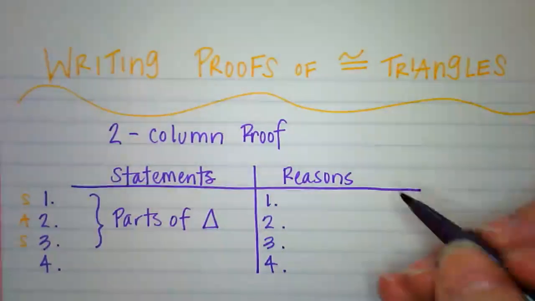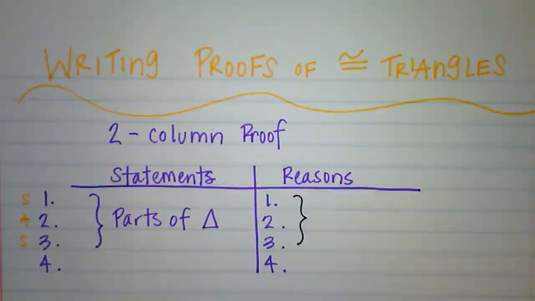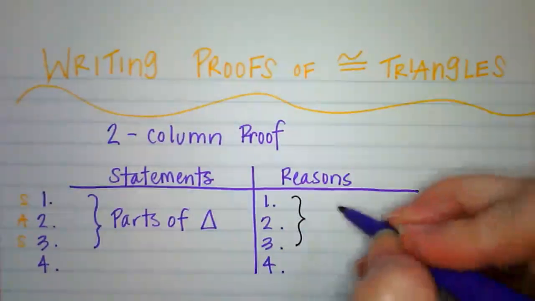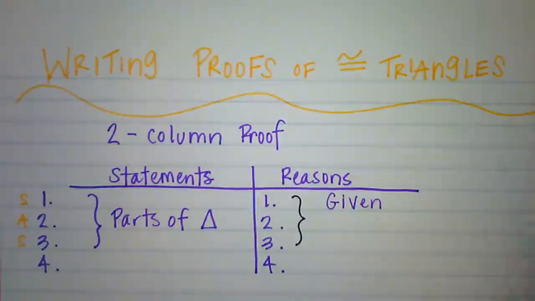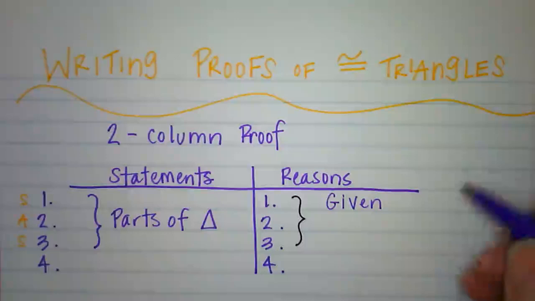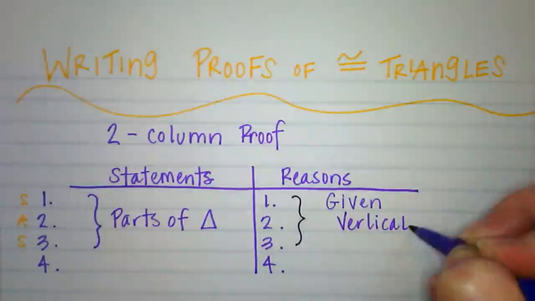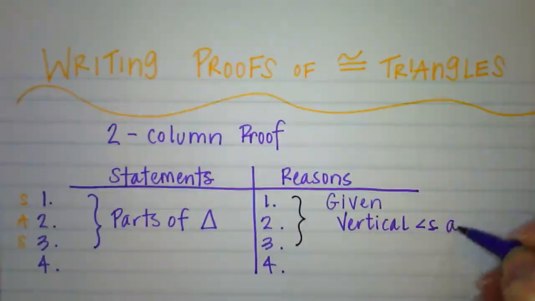All right, now our reasons for those things can be anything from, it could be information that was given to us. It could be something like we know from Math 8 that vertical angles are congruent.